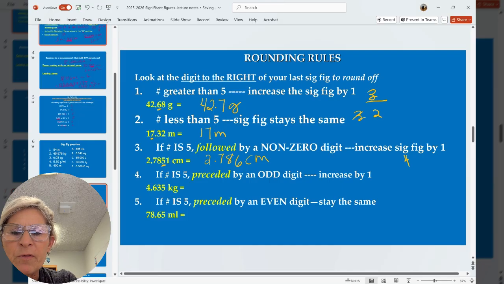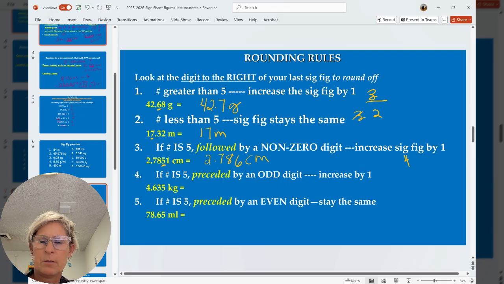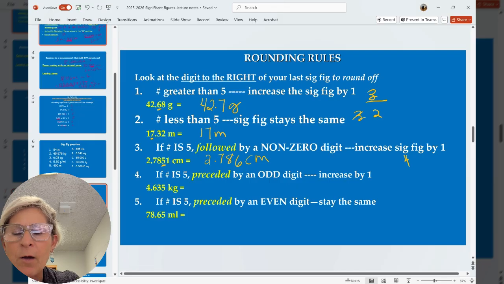Our next rule: if the number is 5 preceded by an odd digit, we're going to increase it by 1. Let's say I want 3 sig figs. I count over 1, 2, 3. I look to the right of it, and it is a 5. Then I look to the right of that, and there is nothing.